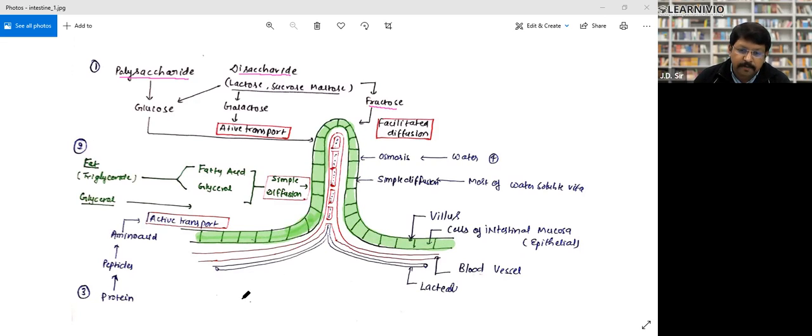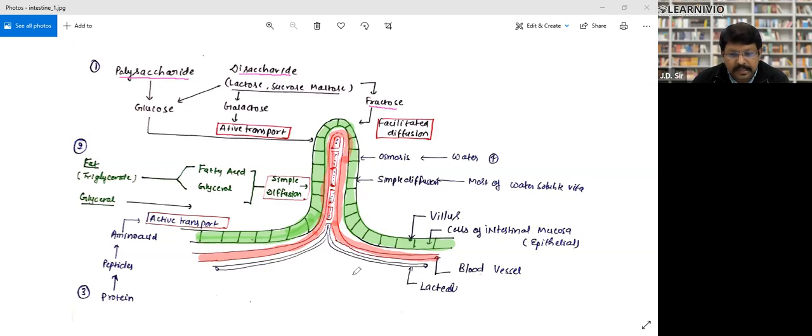Inside this part, there are blood capillaries. These are the blood vessels which are found inside the villi, right?